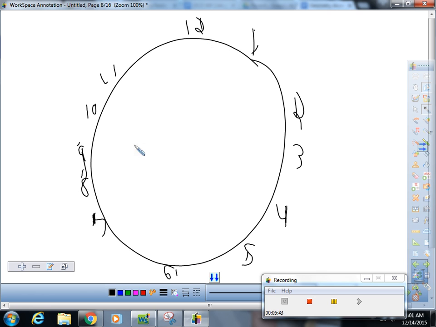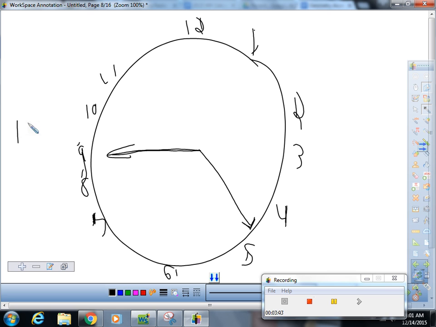You've got the 45 on this hand. The other hand would be between 4 and 5, but it's 3/4 of the way between 4 and 5 because 45 minutes is 3/4 of the way through the hour. So it's going to go right to about there. Each of the spaces between the numbers is 30 degrees, right? So it's 30, 60, 90, 120.